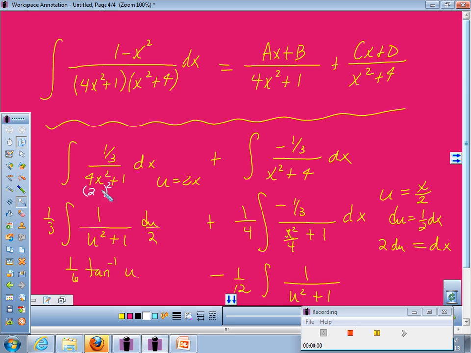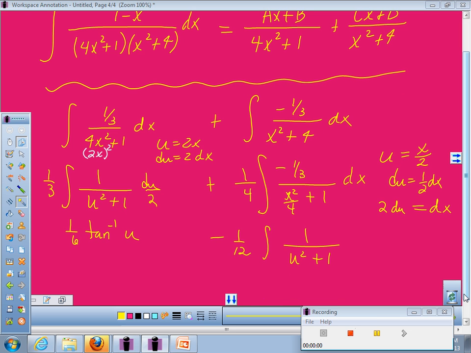Well, I'm squaring a 2x, so therefore I u substituted for 2x off to the side, which means du is just going to be 2 dx, and I brought that over down below. The 1/3 out front with the du over 2 is going to make a 1/6, and then the rest of what's left is inverse tangent of u. At the end, then, you can substitute that in, and you can make that become 1/6 inverse tangent of 2x. And that part would be finished.